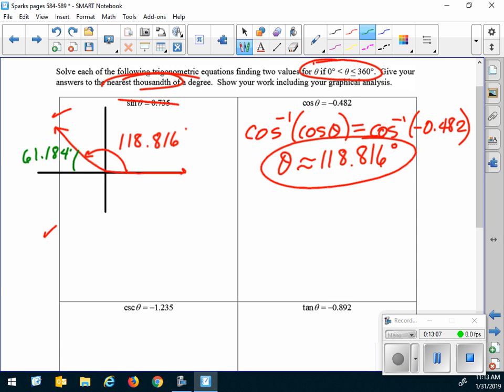How come? In quadrant 3. So what I'm going to do is I'm going to draw that reference angle into quadrant 3, and I'm going to find this angle right here.